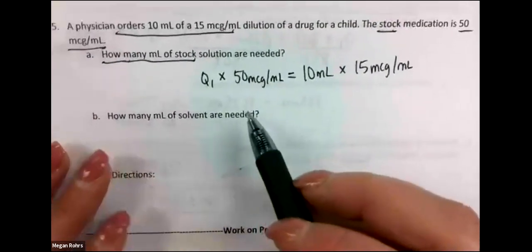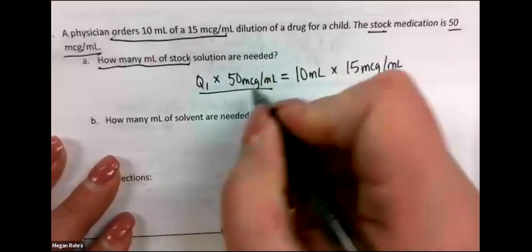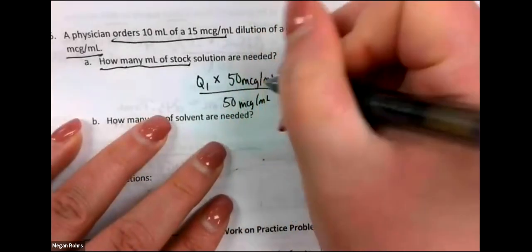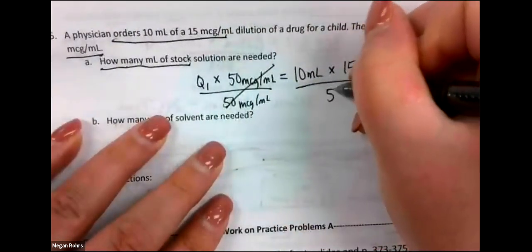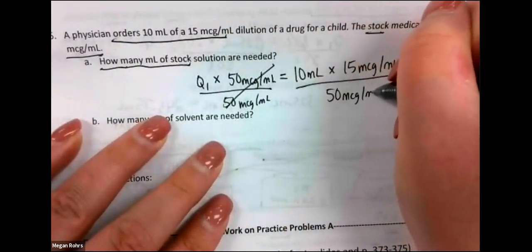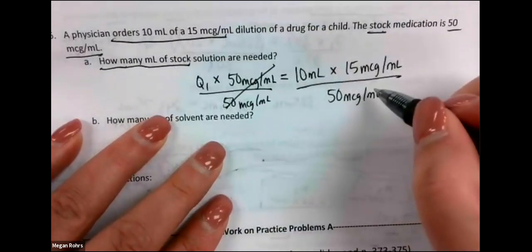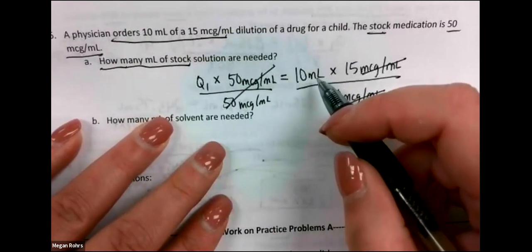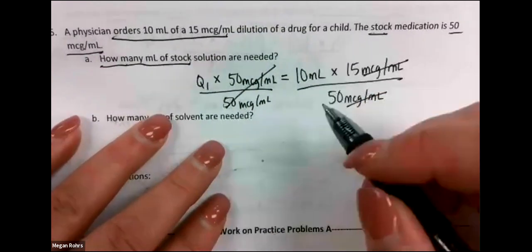That way, when I solve for Q1, I divide by 50 micrograms per mil here. Same thing over here. Those units will cancel out, and I'll be left with milliliters, which is exactly what we are looking for, Q1.